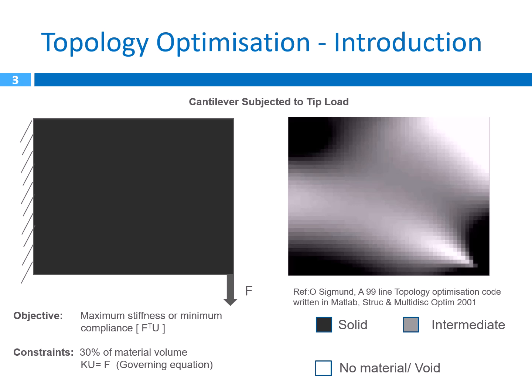By inserting material in these places, you will consume only 30% of the material, yet it will have maximum stiffness. This animation is based on a 99-line MATLAB code written by Ole Sigmund.